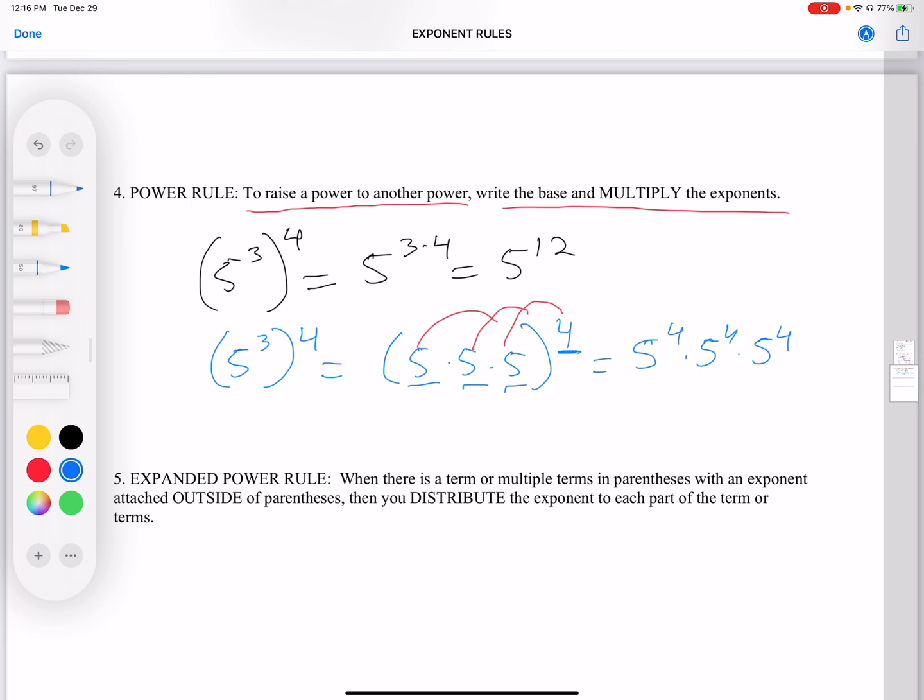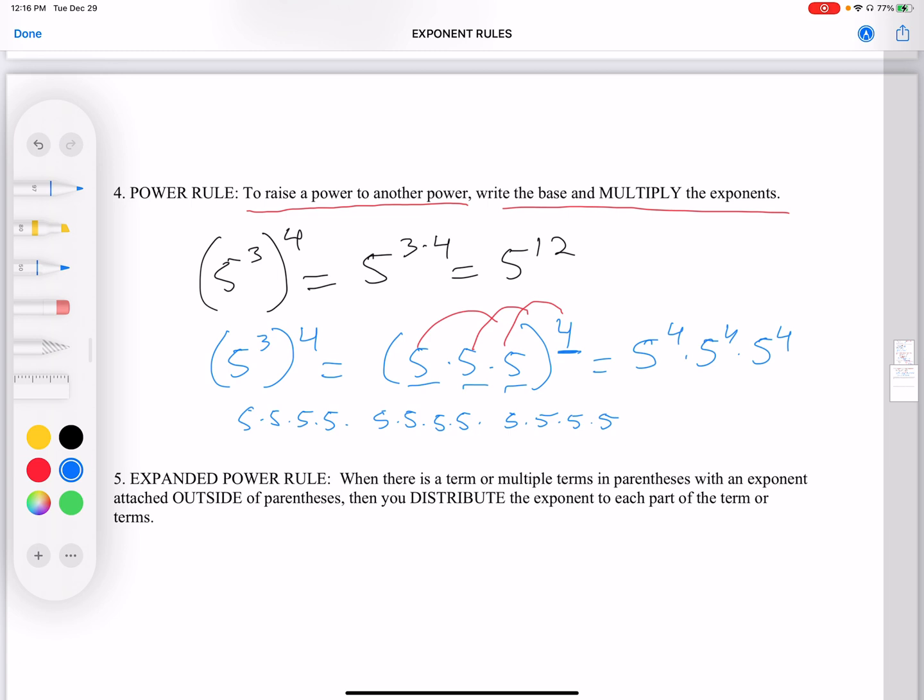And 5 to the fourth becomes 5, 5, 5, 5 times another 5 to the fourth times another 5 to the fourth. Okay?